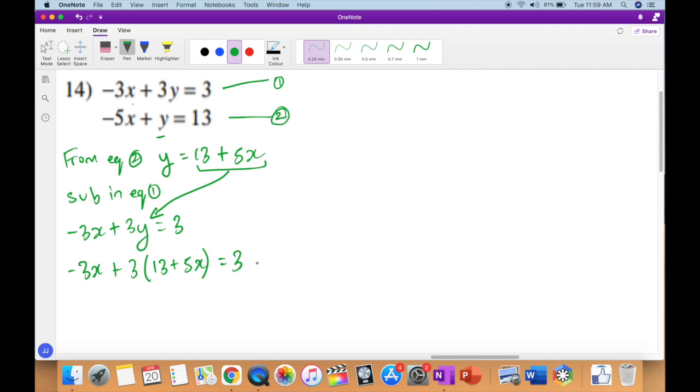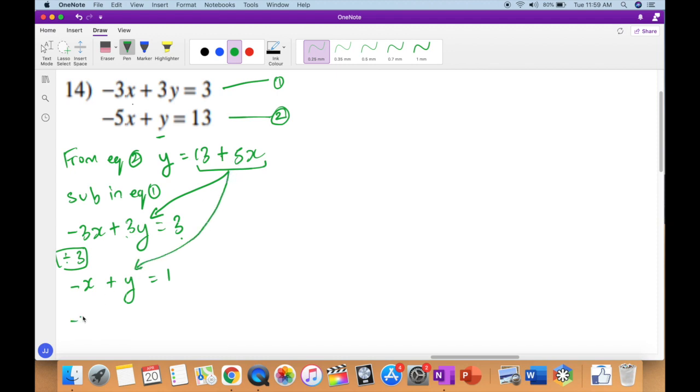Right? But before we even do this, we didn't really have to do this. Did you notice that it has 3, 3, 3? So I could just divide by 3. So now I will have negative x plus y equals 1. Yeah, divide everything by 3. And now it's a lot easier to substitute it in here, right?